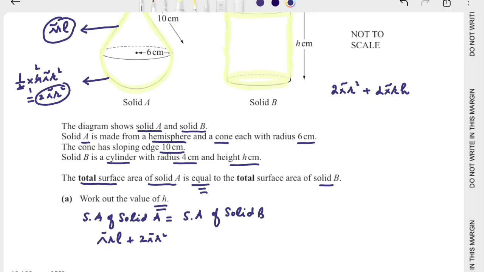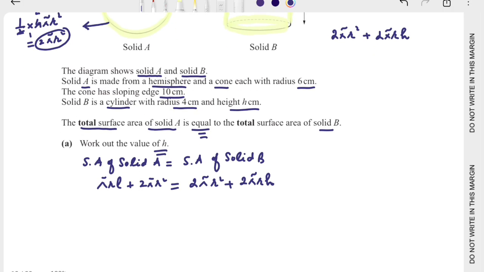Now it is equal to surface area of solid B, that is cylinder, and that is 2 pi r square plus 2 pi RH.